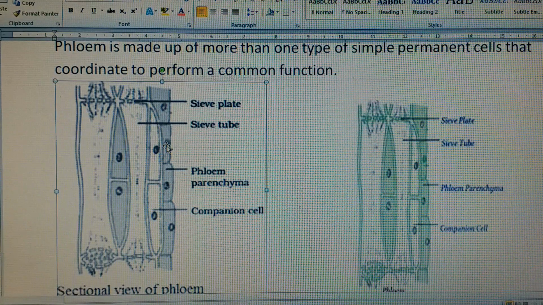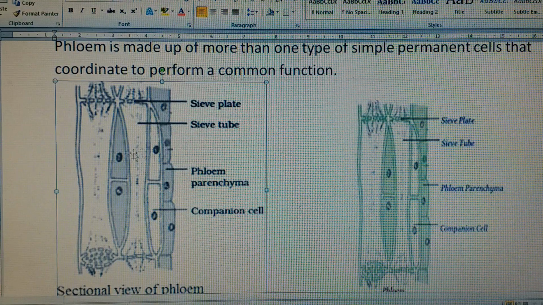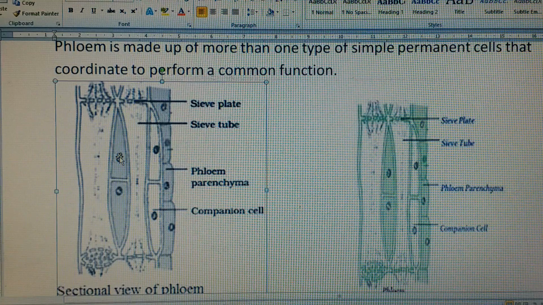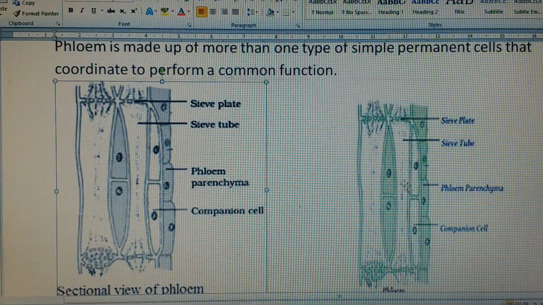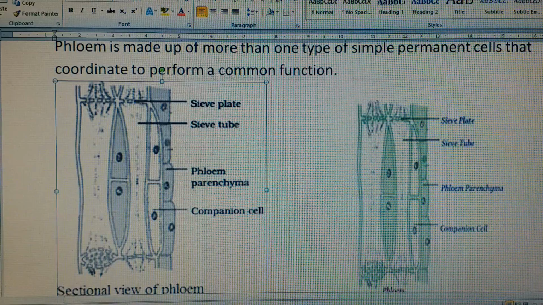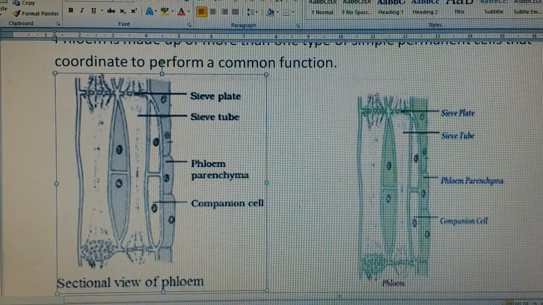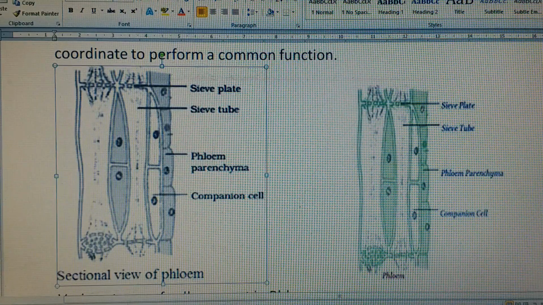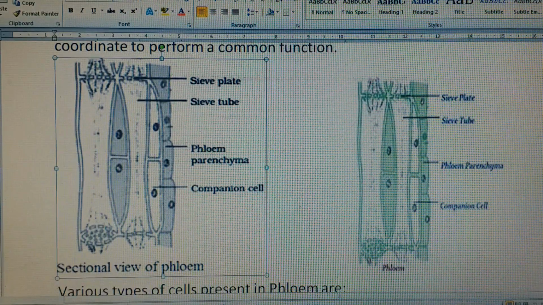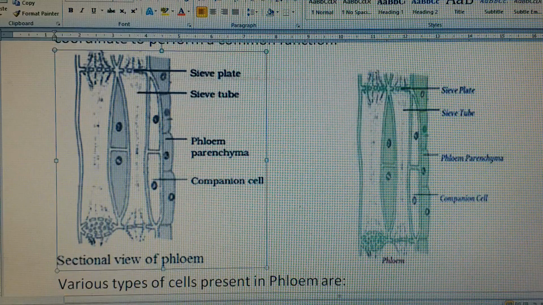Most of the cells of the phloem are living cells, whether a sieve cell, a companion cell, or phloem parenchyma. They all are living cells. So phloem is made up of four types of cells: sieve cells, companion cells, phloem parenchyma, and one more, phloem fibers.